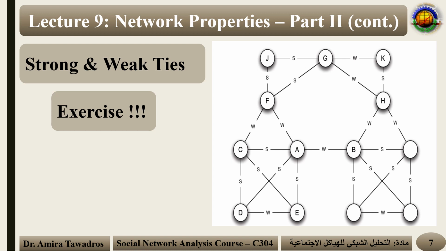As we see in the figure here in the slide, we have a social network with links, and on each link we find a letter S or W, S for strong and W for weak. And as an exercise, you may observe this figure and then get all the pairs of nodes with strong links or strong relationships and the pairs of nodes with weak ties or weak relationships.